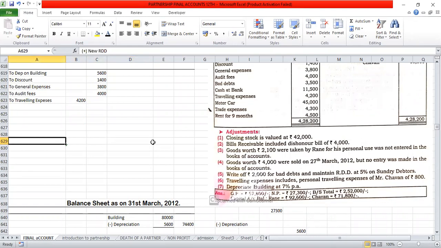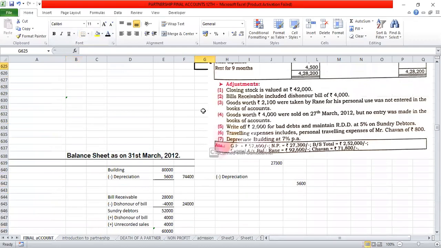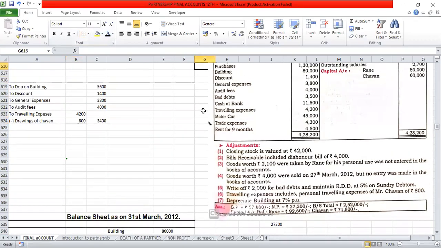Therefore, we remove that 800 from traveling expenses, so 3,400 will be your outer column amount. Drawings are recorded on the debit side of the partners' capital account, in the column of Chavan, 800 rupees. Understood?